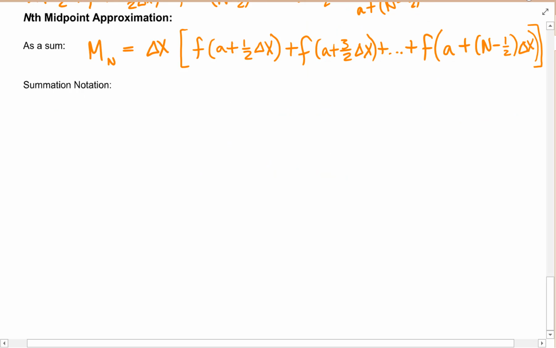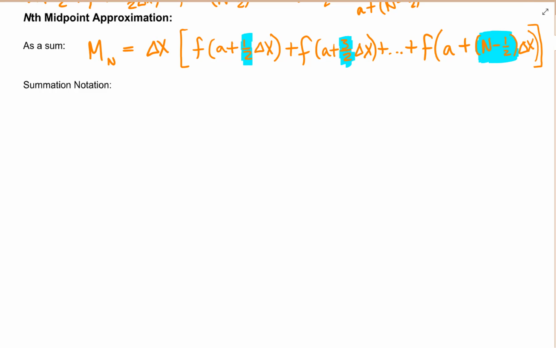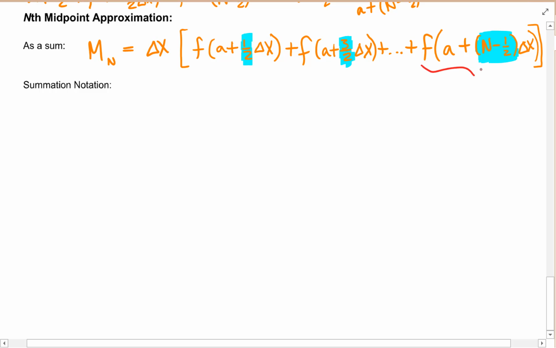To write in summation notation, we need to know our general term. To get our general term, we can actually use this to help us with each of these. It looks like we're adding 1/2 delta x, and then 3/2 delta x, and then it goes on from there. But if I could write that as an expression, that would be really helpful.